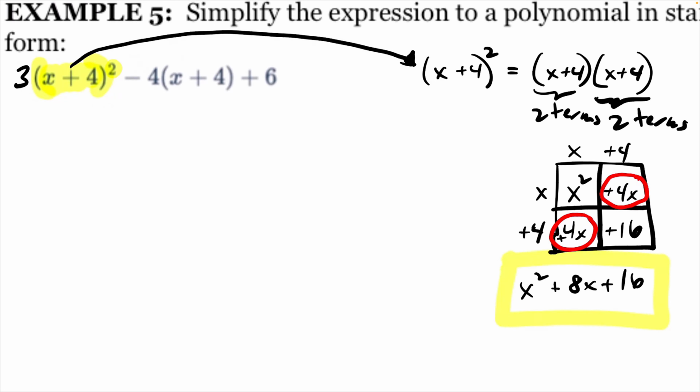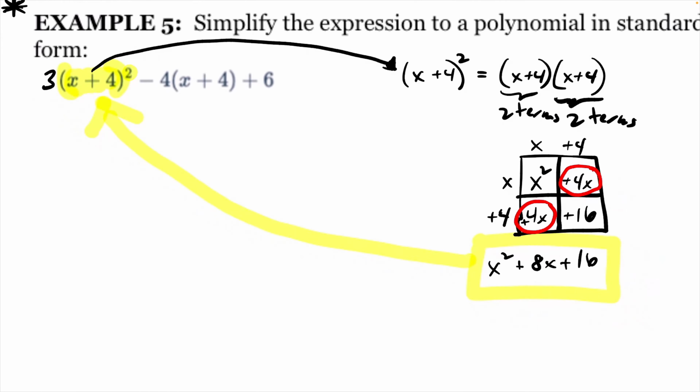I'm going to go back to the problem. I took a detour, but now I'm going to go back. Okay, I'm going to stop right there for a second. I took a little detour to take care of exponents. Now I'm going to go back to the problem. Everything in black that's not highlighted, I'm going to rewrite.